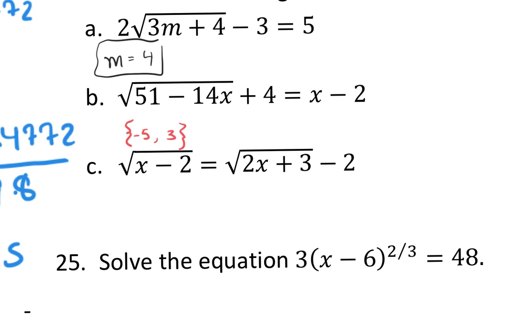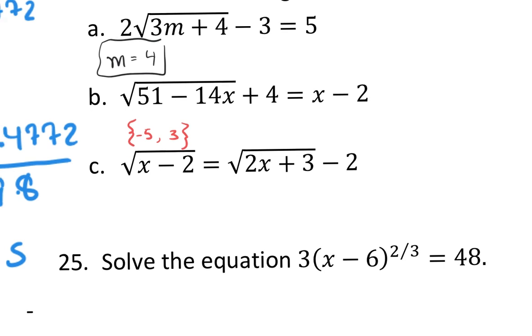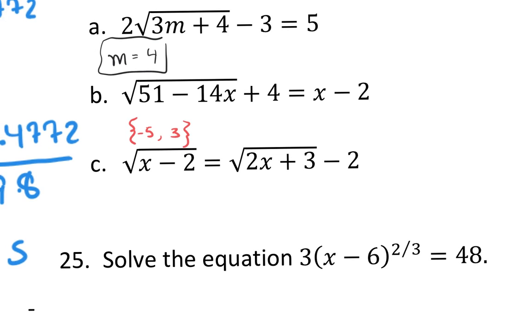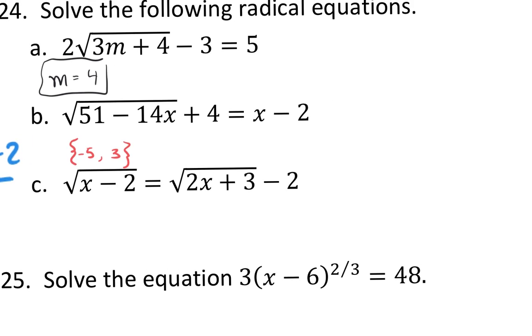Now something we do need to make sure of, though, is that the answer we found works with our problem. So what we want to do is plug in both of these values and just make sure that neither of those will break essentially the equation that we have. So I'm going to use that -5 first. We have root of 51 minus 14 times -5. That's really the big part where things are going to break. We don't really have any other place where we could take the square root of a negative number or divide by 0.